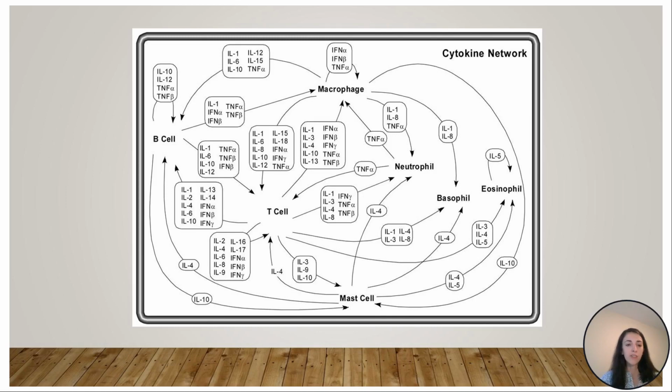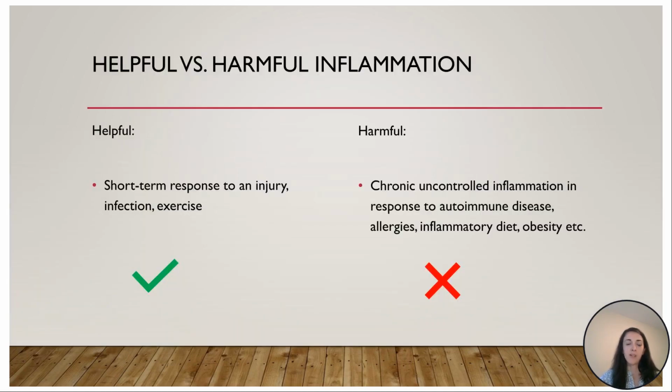As you can see here in bold, you see different cells that you may be more familiar with these past couple of years, B cells and T cells, neutrophils. These are all releasing all these different inflammatory cytokines. Don't worry, we won't go into much more detail on that stuff.